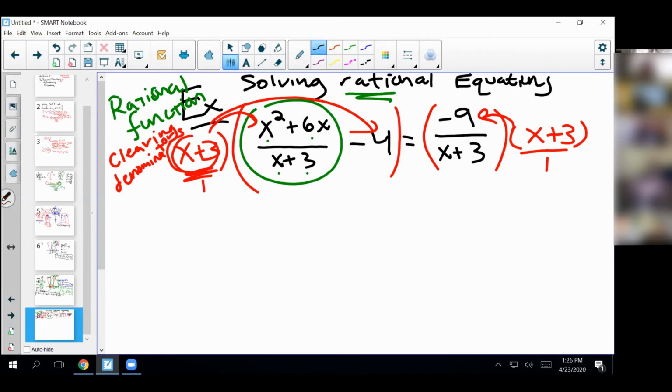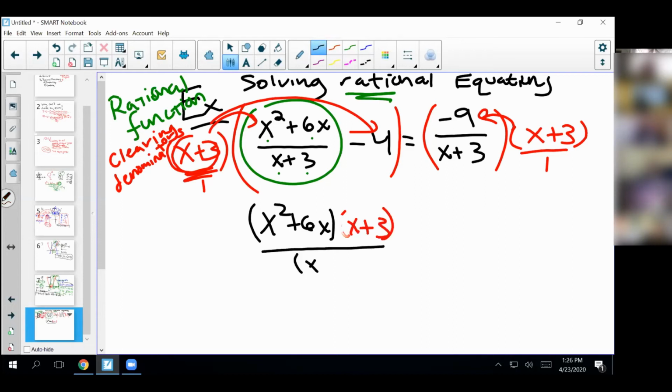So it's going to look like this. I have x squared plus 6x, and I'm going to get an x plus 3. Now this -4 also gets an x plus 3.